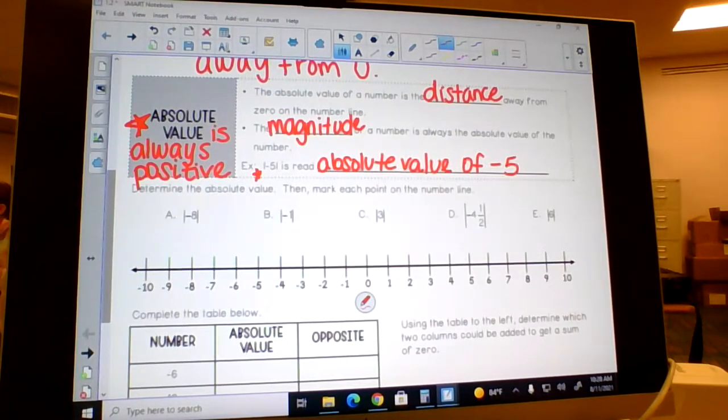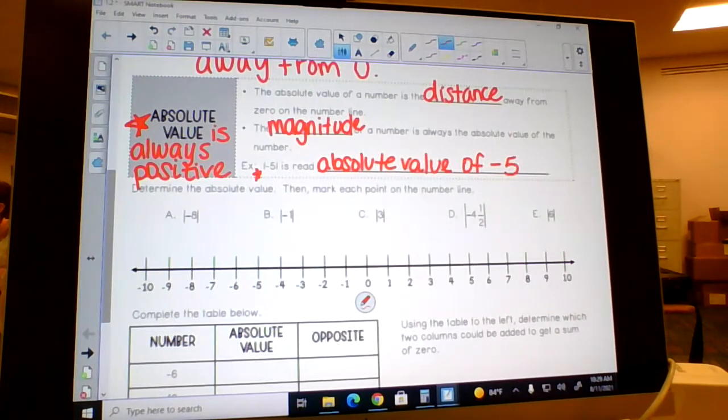So if I read this one, this would read the absolute value of negative 8, the absolute value of negative 1, the absolute value of 3, the absolute value of negative 4.5, the absolute value of 6, okay? Those lines are absolute value symbols. Is everybody okay with that? Have you all seen that before? Yeah. Okay, good.